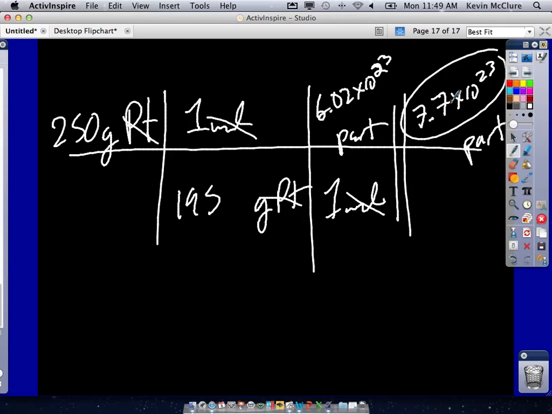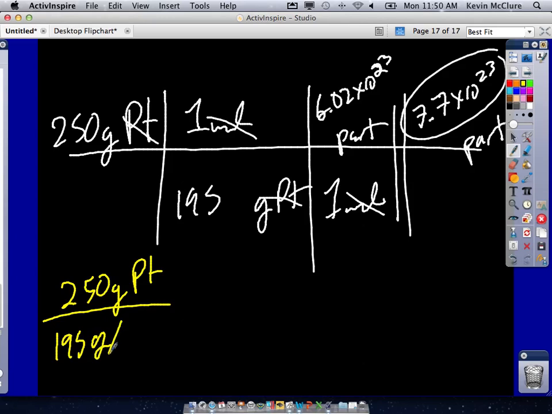Now, obviously, I could have done it the other way. If I have 250 grams of platinum, I just use those 4 rules that we talked about and divide by the molar mass of platinum, which is 195 grams per mole. That gives me approximately 1.25 moles of platinum.